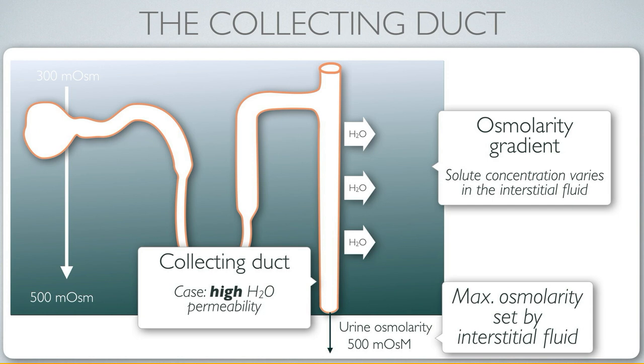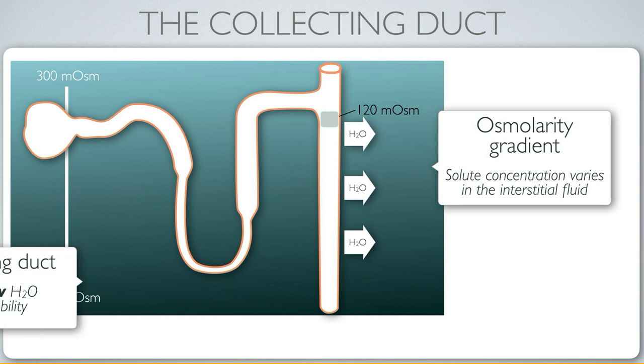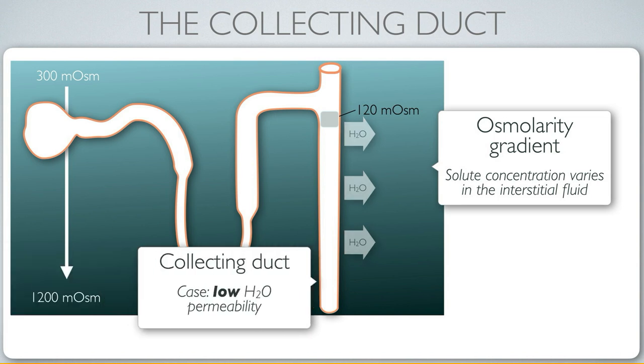Now let's consider another case. Let's go back to the high concentration outside. And now we're going to reduce the permeability of the collecting duct to water. In this case, we start again with that low osmolarity at the beginning of the collecting duct. We're not going to lose any water this time.